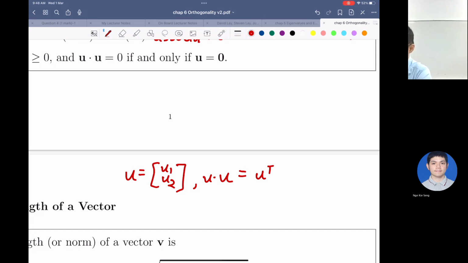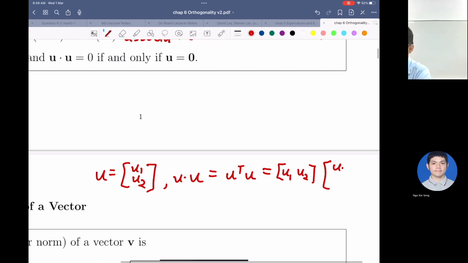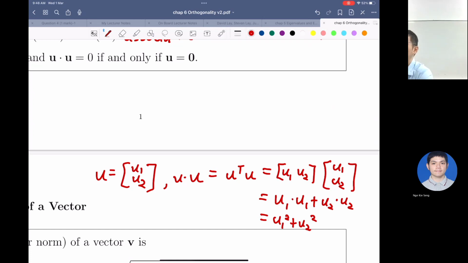You take u transpose times u, as a matrix, you get u1, u2 times u1, u2. You dot these two together, what do you get? u1 times u1 plus u2 times u2, which is u1 squared plus u2 squared.